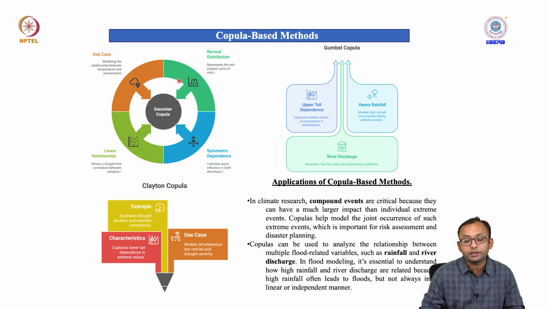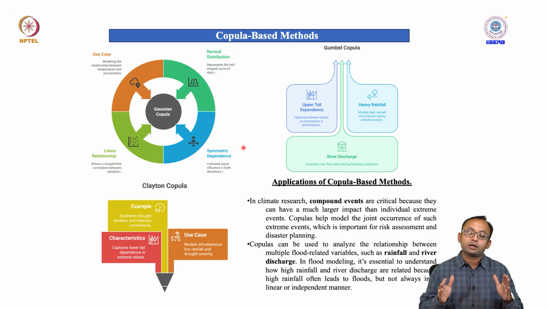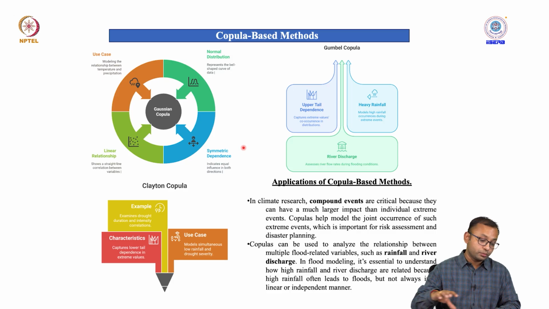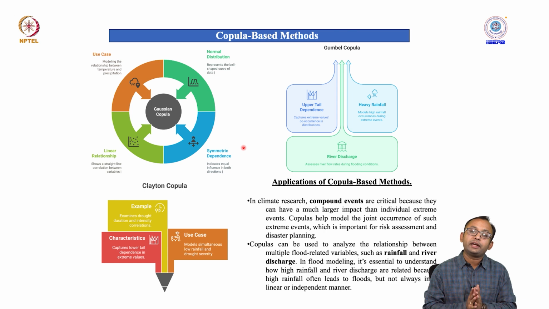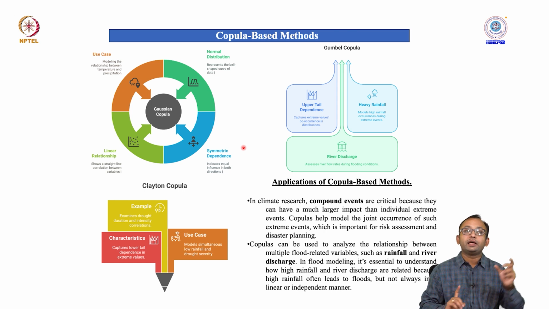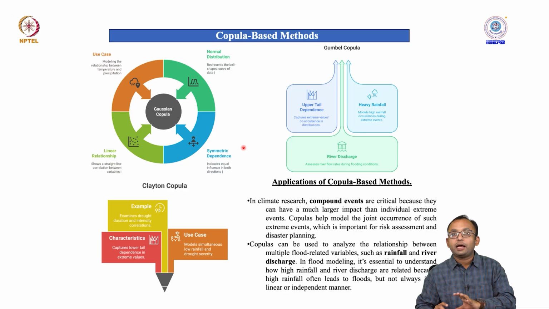For this we can use the copula method to first define the marginal distributions of the data set. Once we have the information about the marginal distributions, we can club them together to form a copula function, and that copula function can tell you the relationship between variable A and variable B, and how that is influencing variable C.